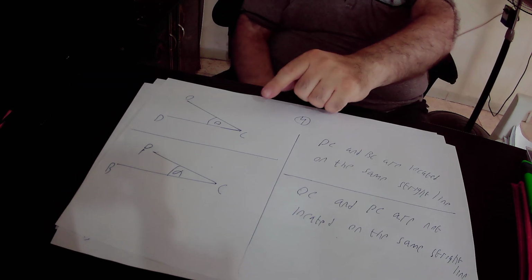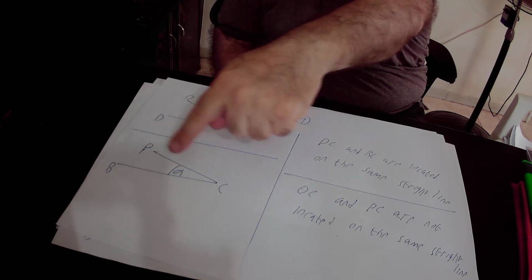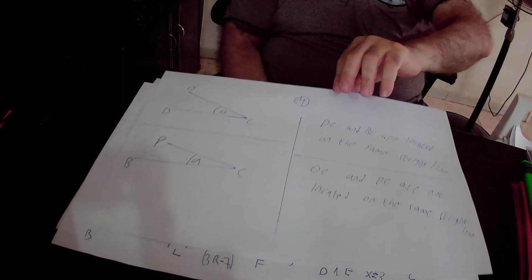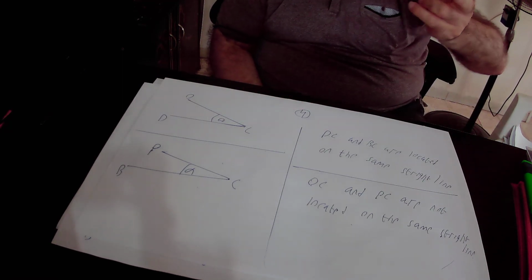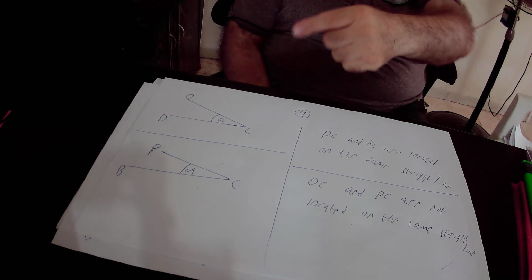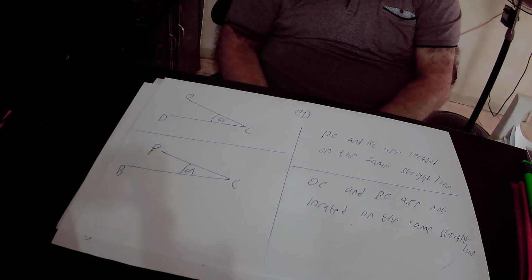Because DC is part of BC, it means that DC and BC are located on the same straight line. So one leg of those two angles is located on the same straight line.